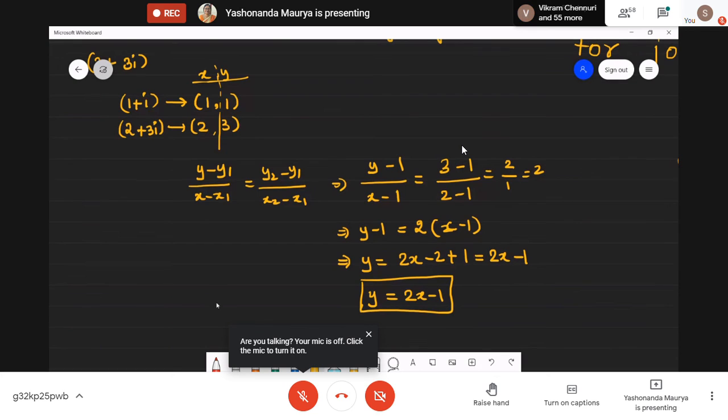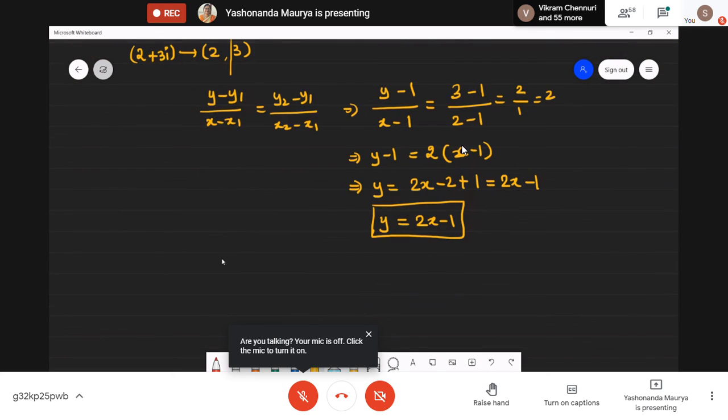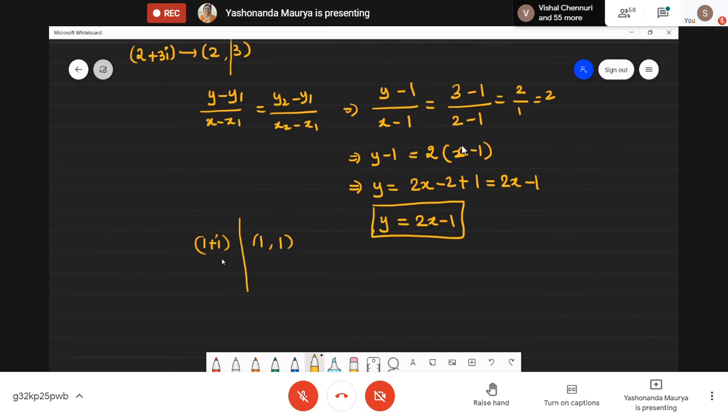See over here, this point 1 plus I is actually 1 comma 1, and 2 plus 3I is 2 comma 3. So x is going from 1 to 2. Is this clear?